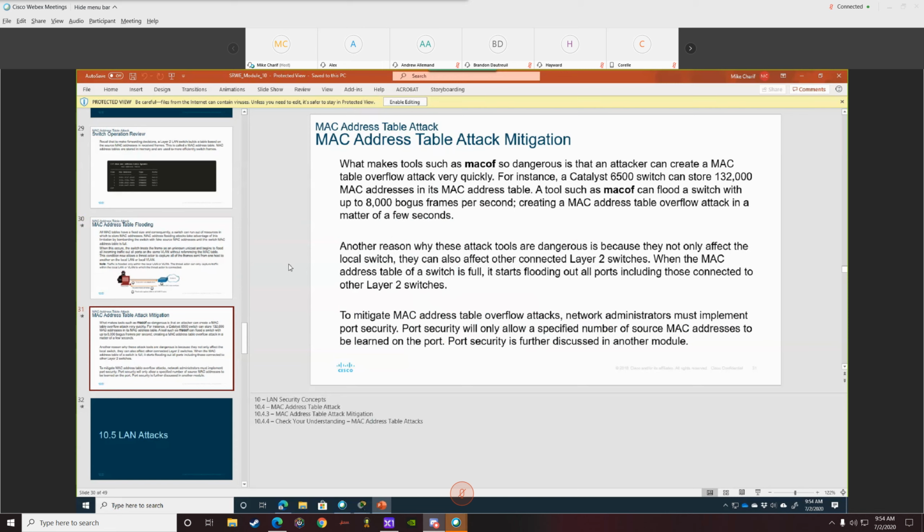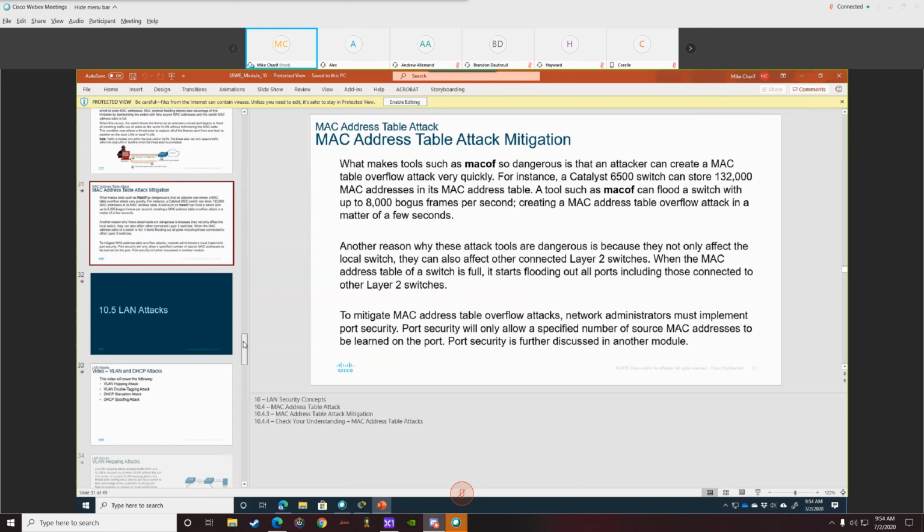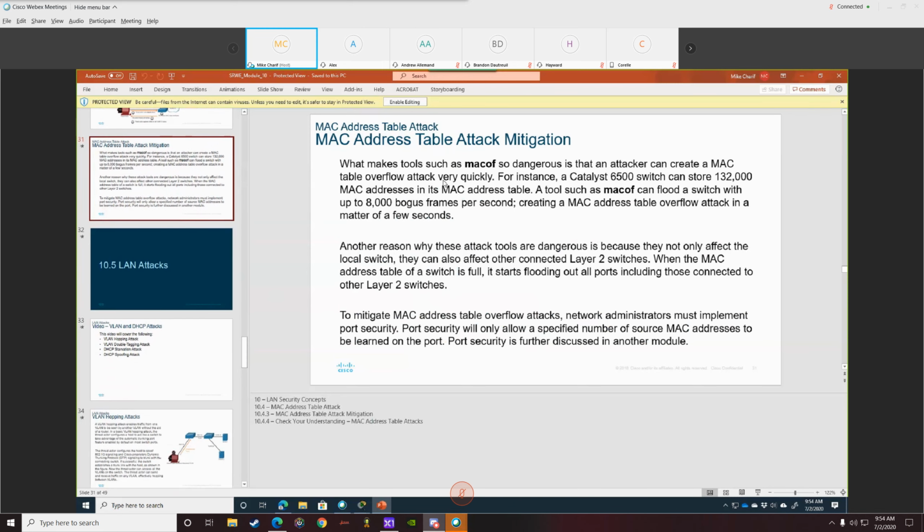And that's what they're talking about. This is the massive MAC address flooding. What makes tools such as macof so dangerous is that the attacker can generate a MAC table overflow attack very quickly, within seconds. They're talking about, for instance, a Catalyst 6500.